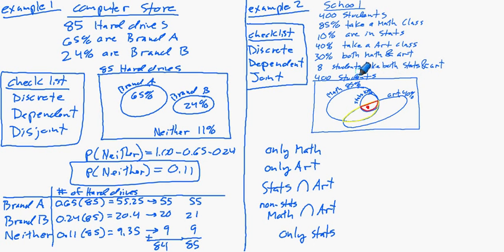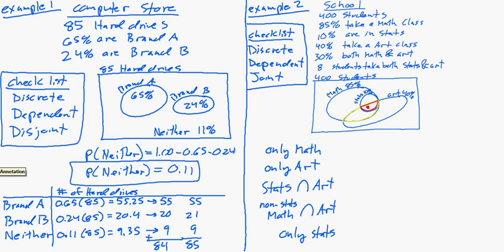I put that in because we have these 8 students. We can really think about, or we might need, the only stats section, which would be, of course, this. It's only stats. They don't take any art, and they're in math. They're in stats class. So this is only stats.